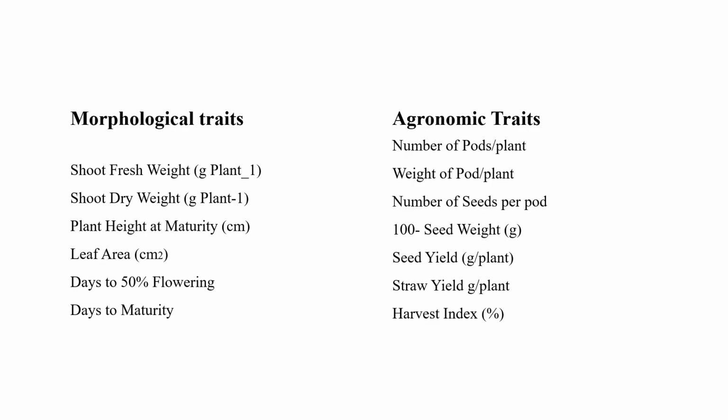At the first stage, for morphological and agronomical traits, we can determine and check the response under different saline conditions. Say we have the control and we use different salt stress levels: 50 millimolar, 100 millimolar, 200 millimolar, to check the level a specific crop can withstand.